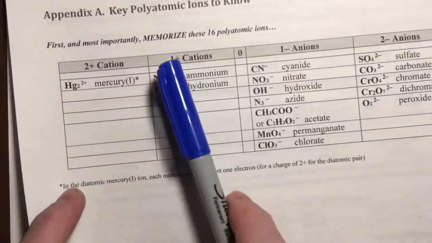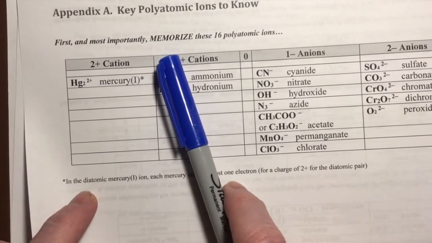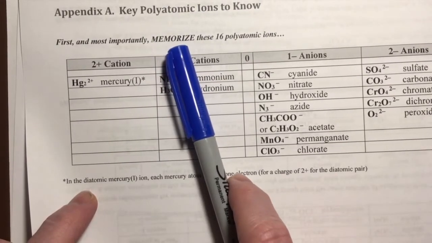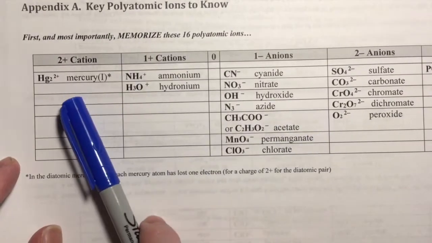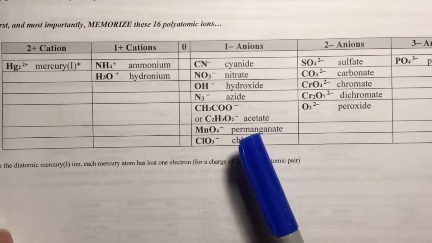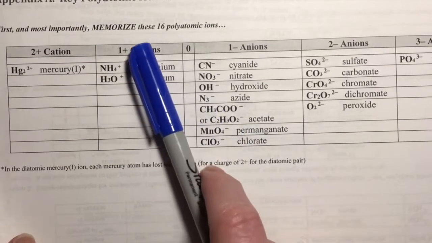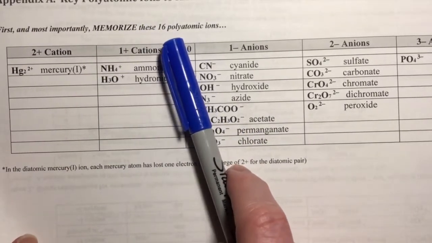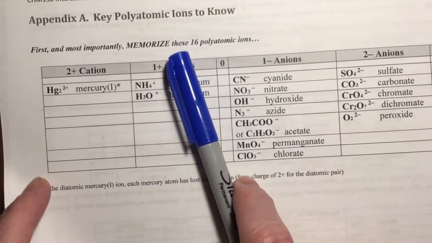These are 16 that you just have to memorize. And we've been working on these for a few weeks now. I've given you an assignment where you had to write these over and over again to show that you're studying them and so forth. So again, these are the basic 16, the fundamental 16 that you have to memorize.